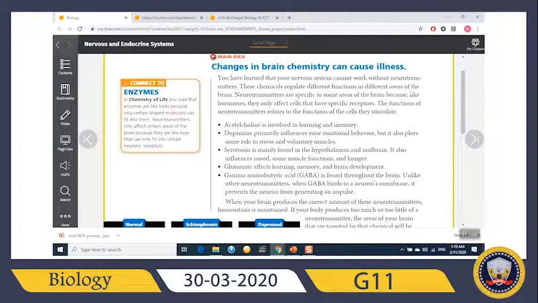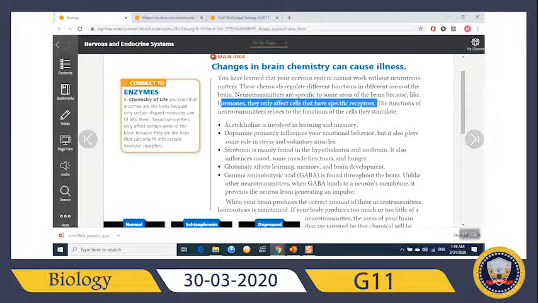Now, our nervous system cannot work without neurotransmitters. We already established that. These chemicals regulate different functions in different areas of the brain. Neurotransmitters are specific to some areas of the brain. Why? Because, like hormones, they affect cells that have specific receptors.